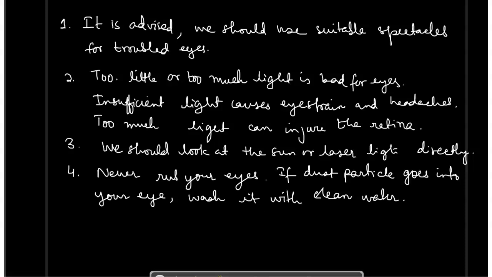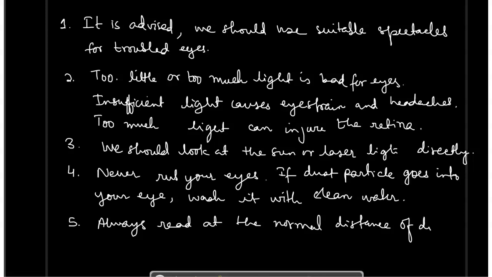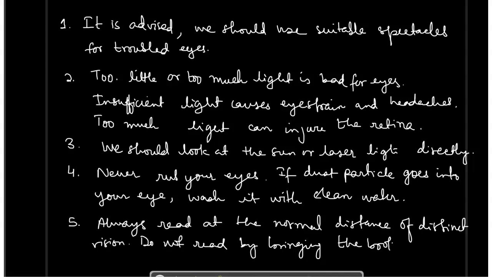Always read at a normal distance of distinct vision. Do not read by bringing your book too close to your eyes or keeping it too far from your eye.